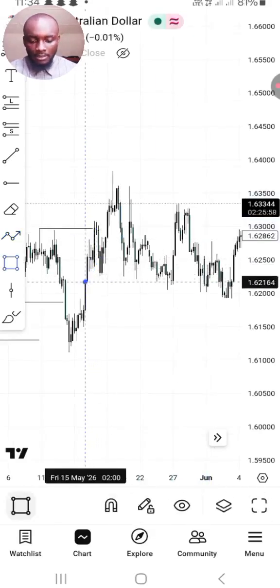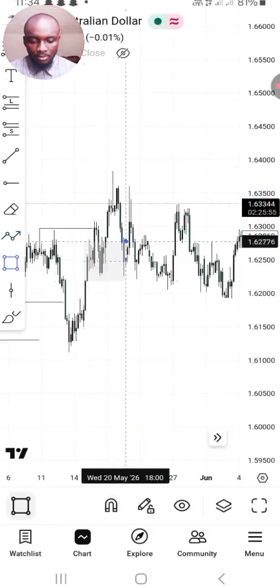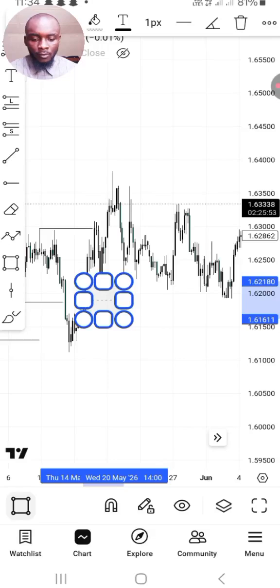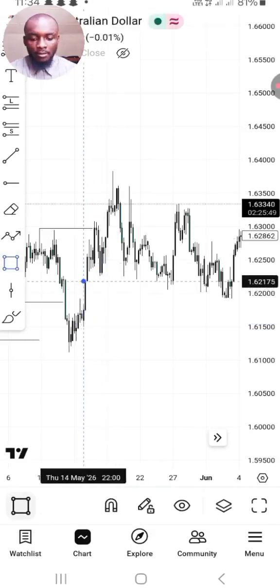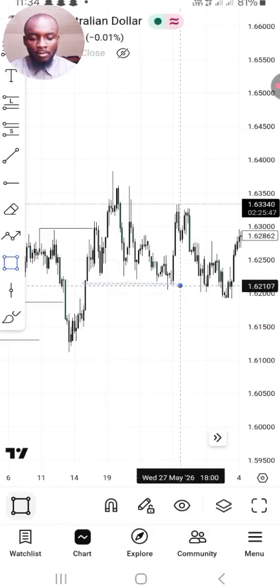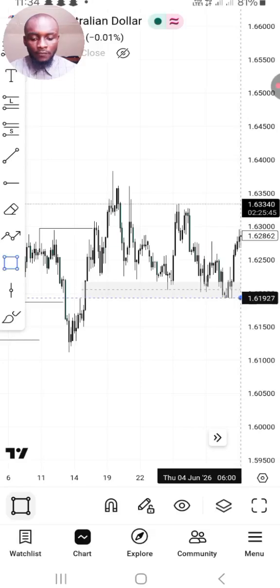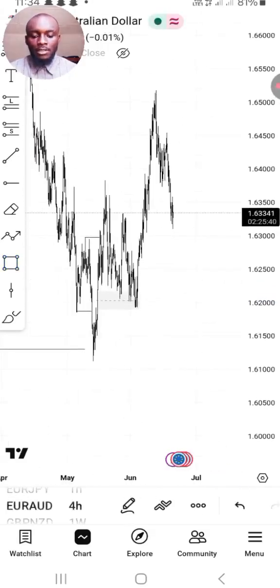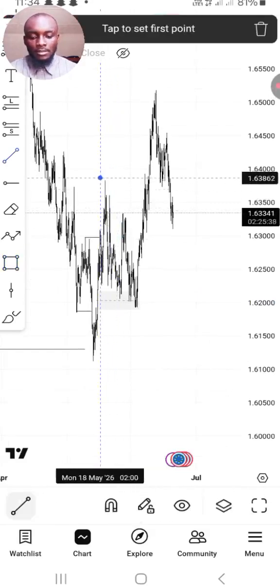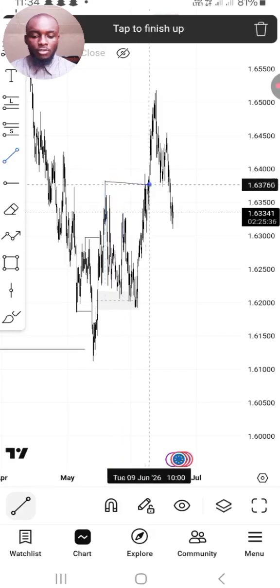Let me highlight this gap. Price came into this gap and filled it, then price rallied and broke market structure at this level. Price broke market structure there.